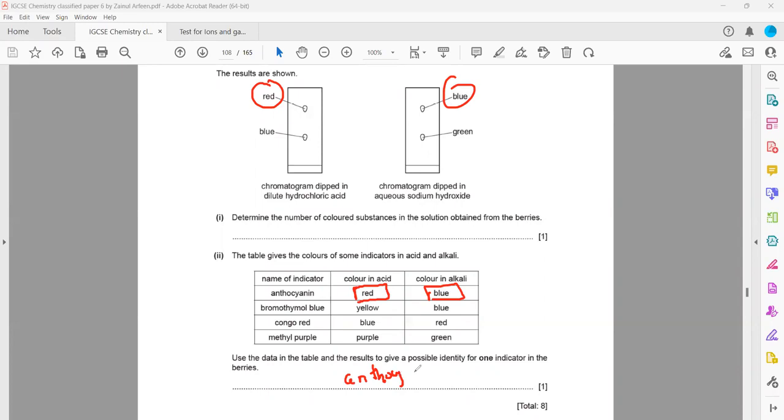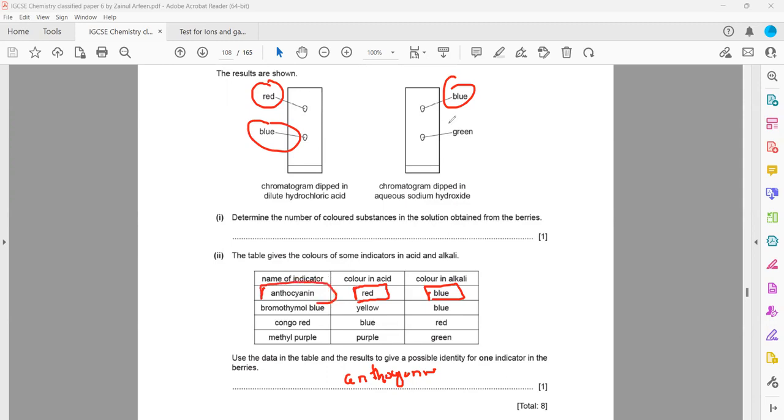Is it clear? Yes, sir, clear. The first indicator has a blue color, but the idea is that there might be another indicator present. We want to find one of the indicators present.